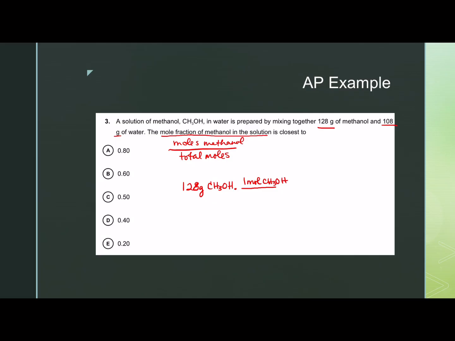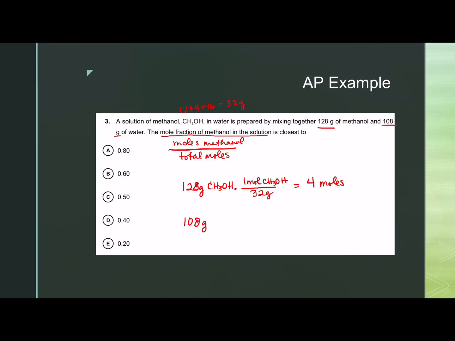So 1 mole of CH3OH would be 12 for the carbon, 4 for the hydrogen, and 16 for the oxygen. That gives us a total of 32 grams. 128 divided by 32, I can do in my head, that is 4 moles of methanol.